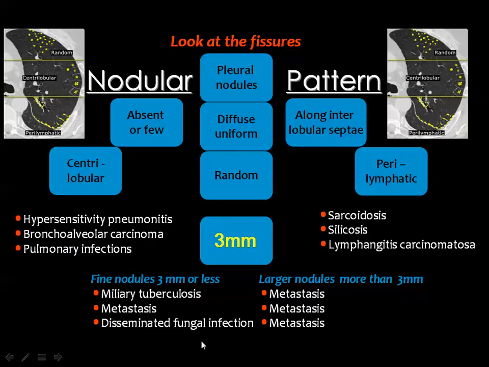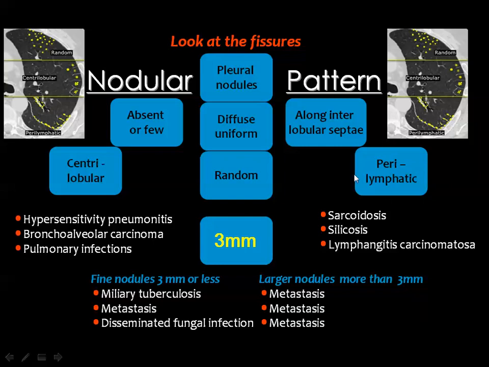Then this is the outline that we will follow in order to reach the differential diagnosis. And first, look at the interlobar fissure, and this will make you identify at least the perilymphatic pattern.